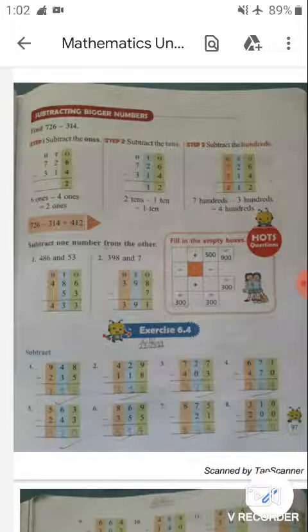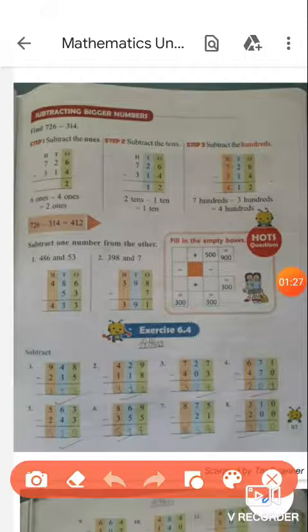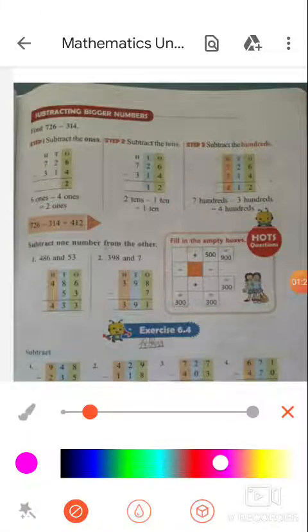So students, let's find 726 minus 314. To subtract these two three-digit numbers, we have to follow some steps. There are 3 steps given here.